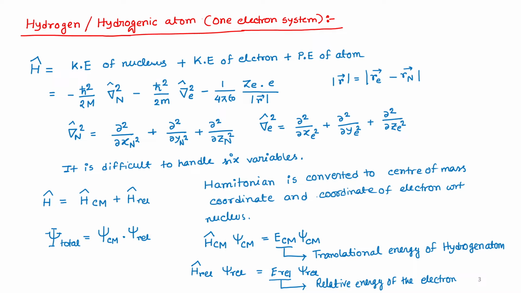So this is what we want to do. Now we will transform this. Right now it is in the coordinates of nucleus and electron, and now we will convert it to the coordinates of center of mass and the electron. So first of all, we need to define the position vector of the center of mass.